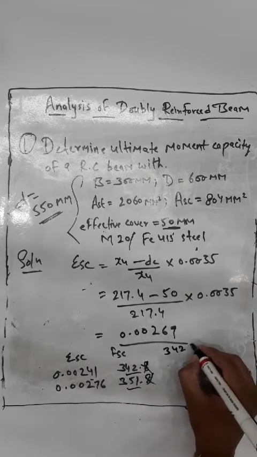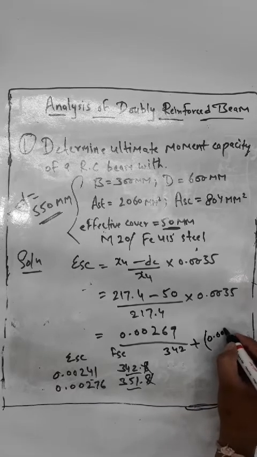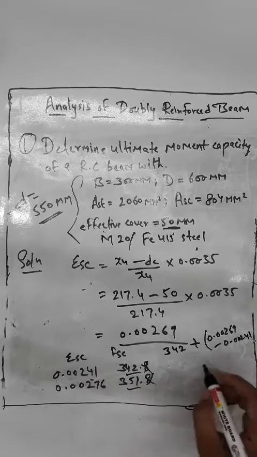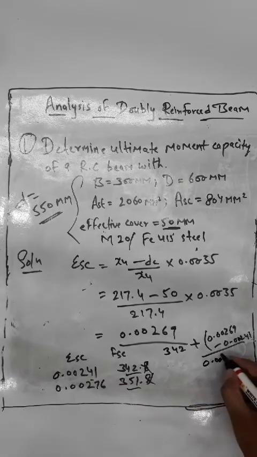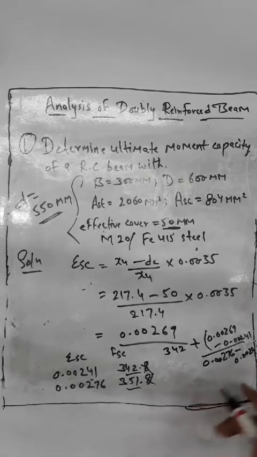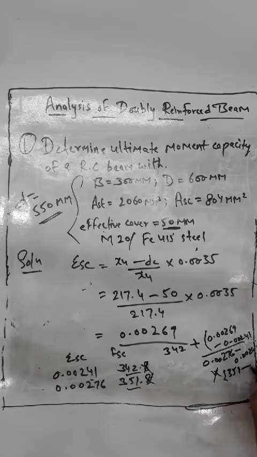So 342 plus 0.00269 minus 0.00241 divided by 0.00276 minus 0.00241. Now multiply this with 351 minus 342.